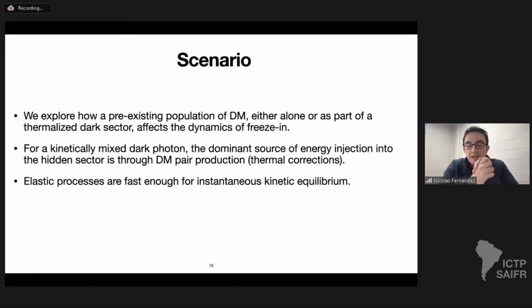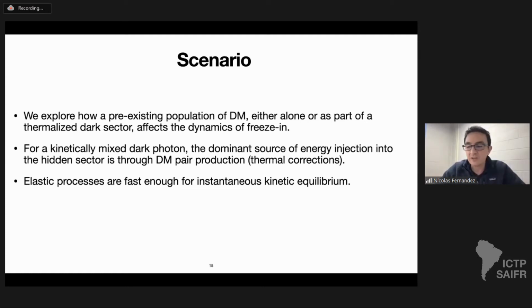The interesting thing about the kinetic mixing dark photon portal, if you wish, is that the dominant energy injection is coming only through the dark matter. There is no contribution from the standard model to the dark photons because of a thermal correction.